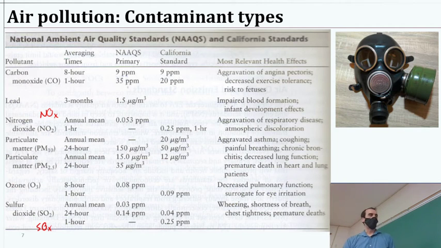So another type of pollutant. All those that I've mentioned so far, except for maybe the lead, are gas phase. We also have particle phase, and these would be particulate matter. We label it by the size of the particulate matter itself. So PM10 or PM2.5, that's really micrometers.